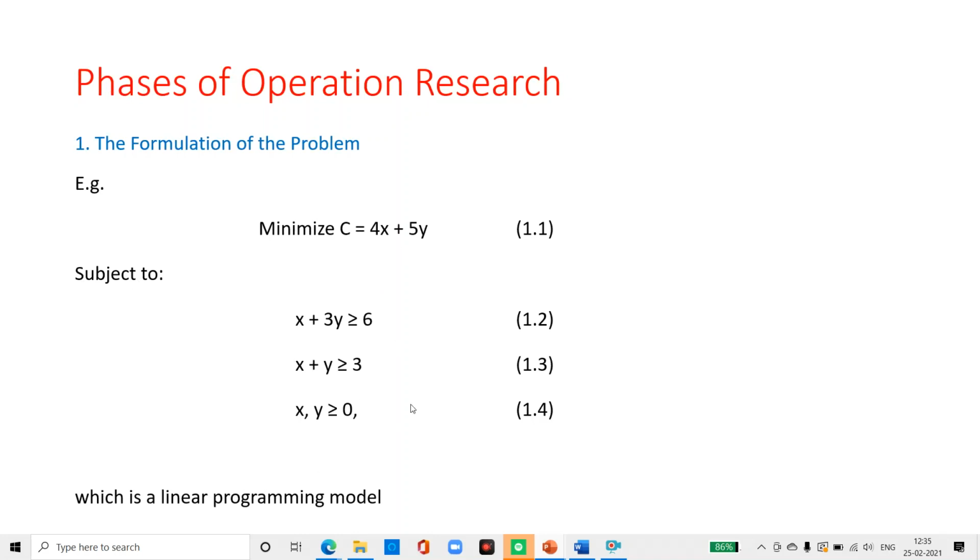So these are the conditions: x plus 3y is greater than or equal to 6, x plus y is greater than or equal to 3, and x, y is greater than or equal to 0. So this is called a linear programming model. Clear? So this, minimize c equal to 4x plus 5y, is called the objective function.